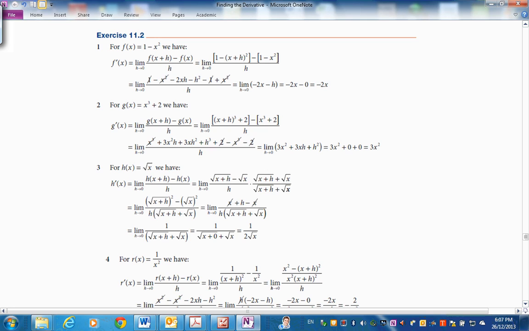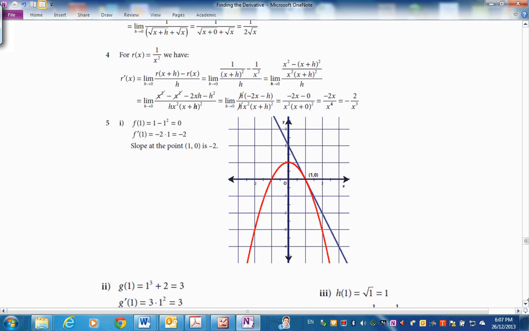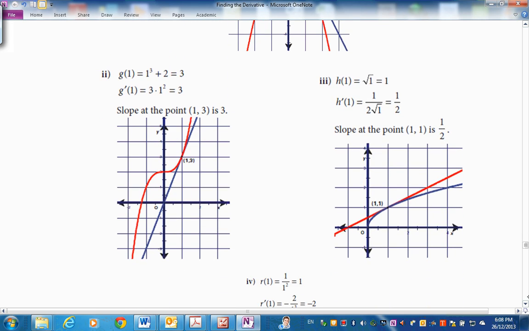Okay, 1 to 3. All the algebra stuff there. Let's look at question 4. 4 and 5. Let's look at the rest of 5, part 2 and 3. And part 4.